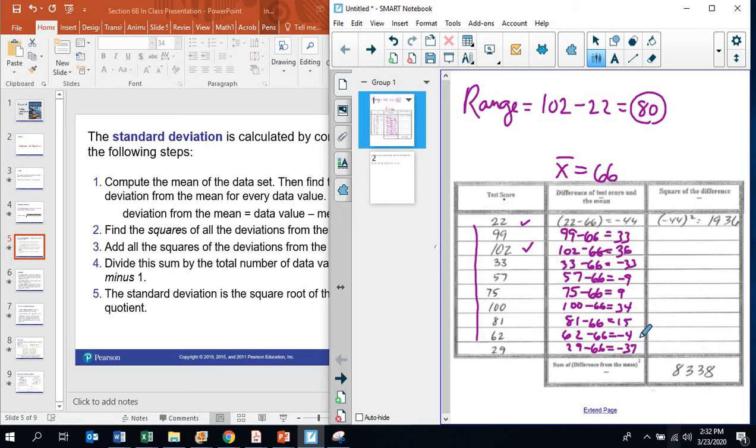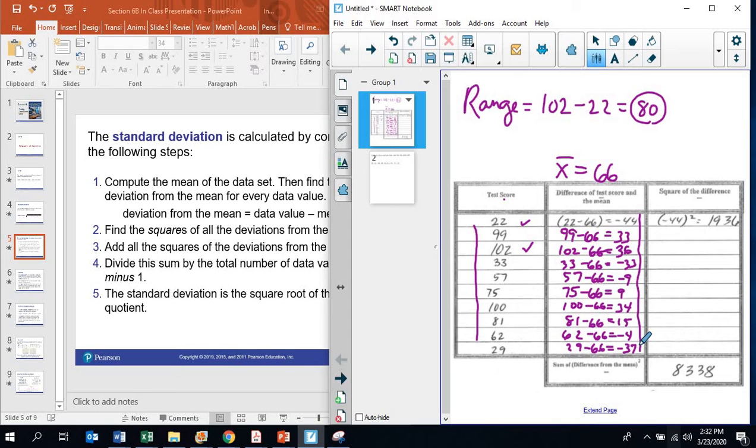All right. So again, one way to check yourself is to come down and add all these numbers up because they are signed. If the mean really is 66, it's not the middle number, it's the average, the center point of your data set, then when you add up the distances that all the numbers are above 66, and subtract away the distances of all the numbers below 66, you should come up with 0.